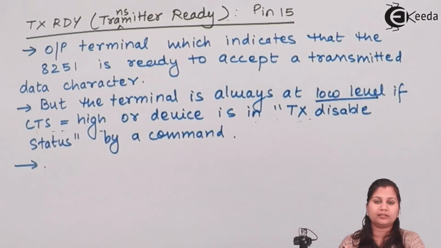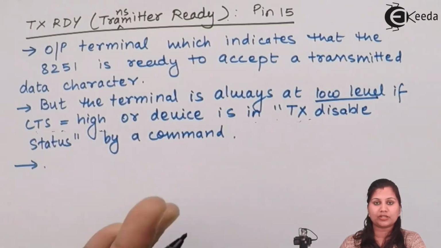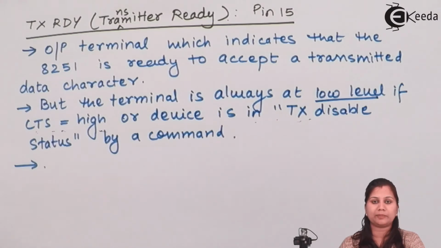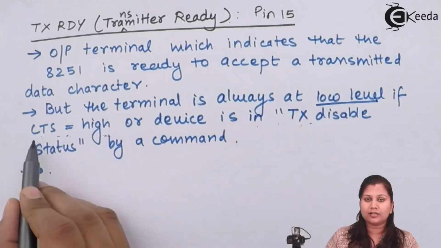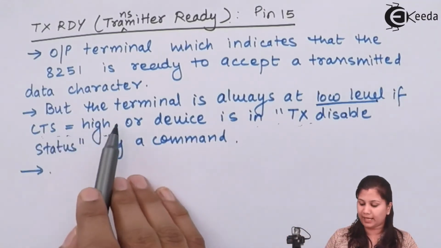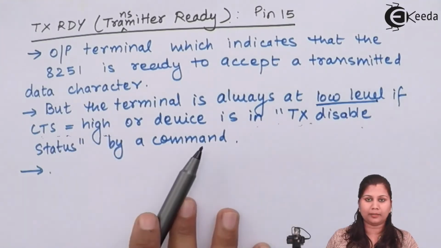We can write a command in the control word so that the command disables the transmission. So when transmission is disabled, this pin will be at low level. So this TX ready will be low if the clear to send pin is high, or the transmission is disabled by a command.